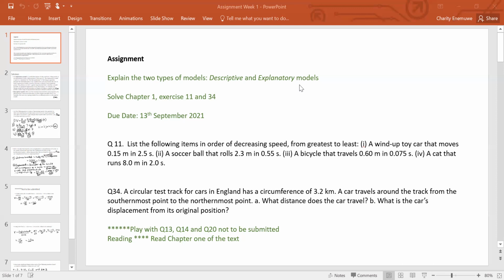Okay, so let's begin today's revision class by looking at the first solution to assignment 1.